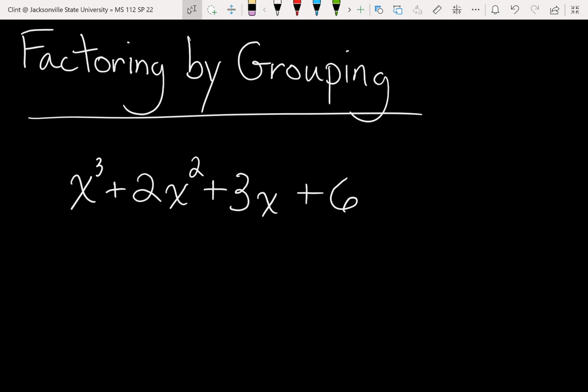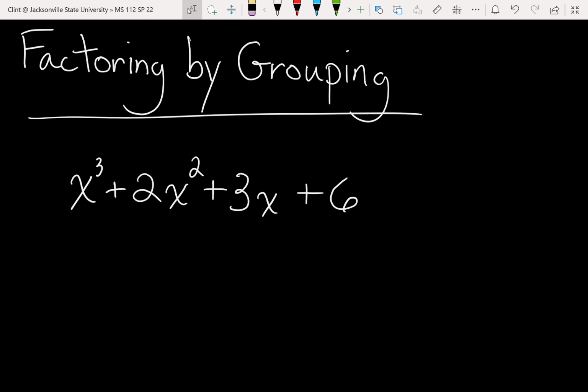We've got x cubed plus 2x squared plus 3x plus 6. If we were trying to factor out a greatest common factor of the whole thing, we'd have to be looking for something that would divide evenly into all four terms. We've got four terms with this polynomial.